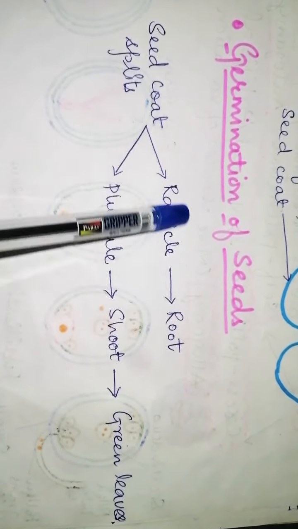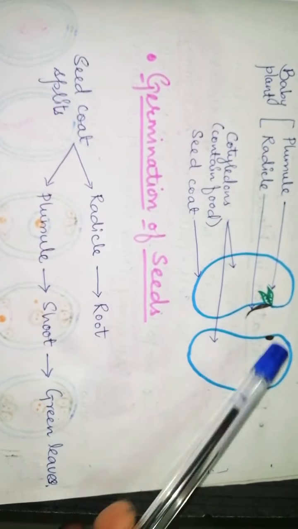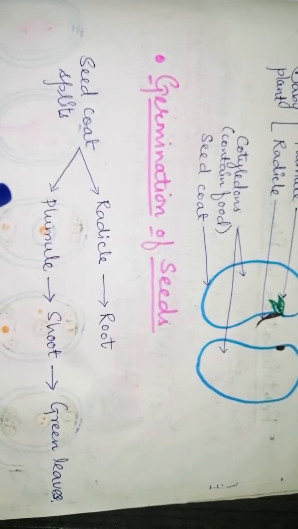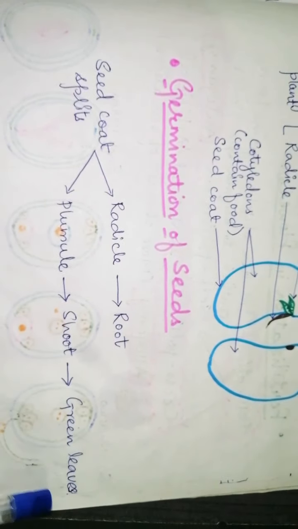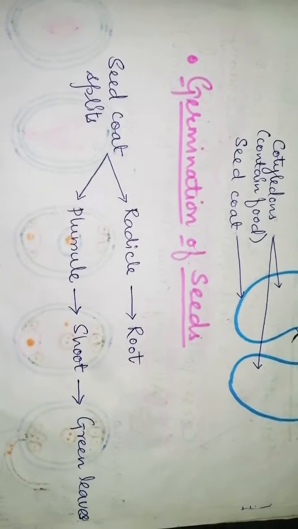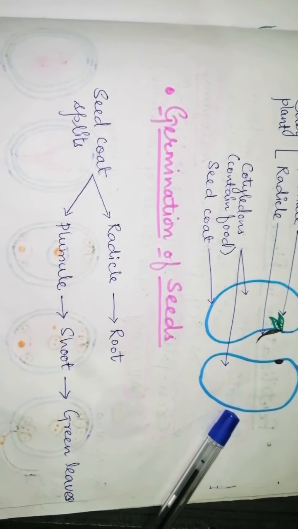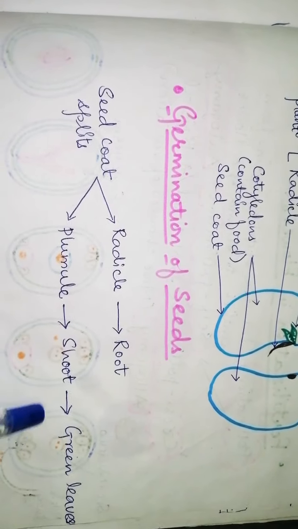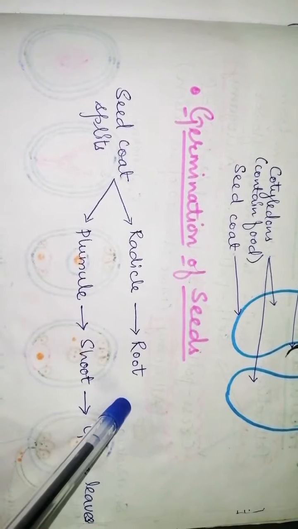The radicle develops into the root, and the plumule will develop into shoot and gives rise to green leaves. Like this we will get a new plant arising from an old plant seed. The seed gives rise to the new plant with green leaves and roots.